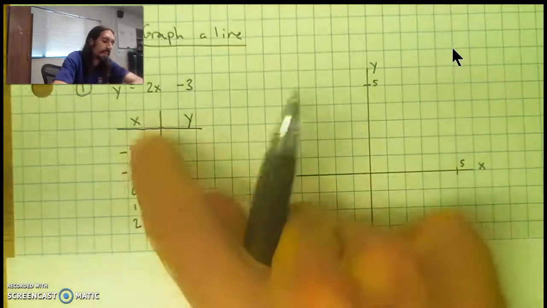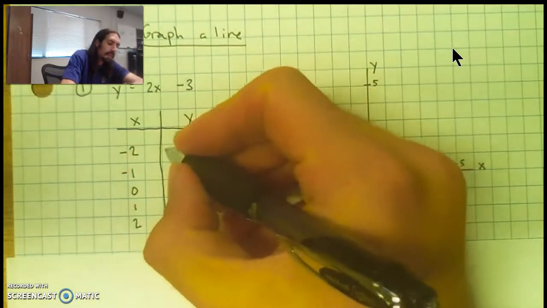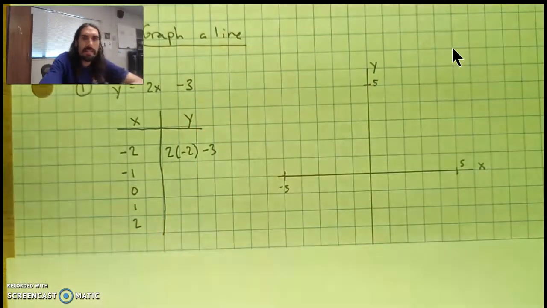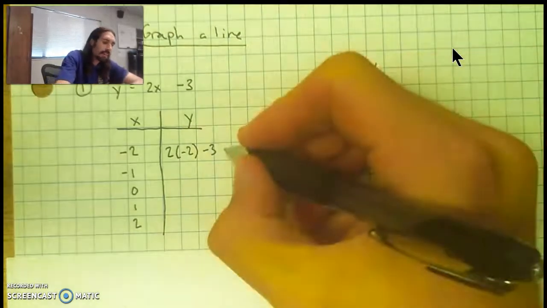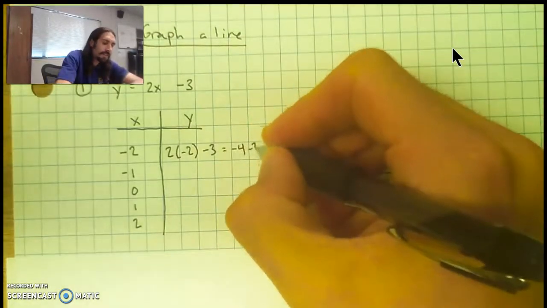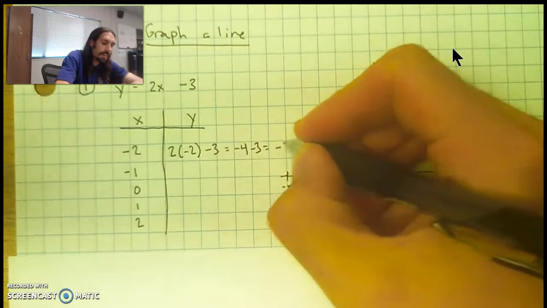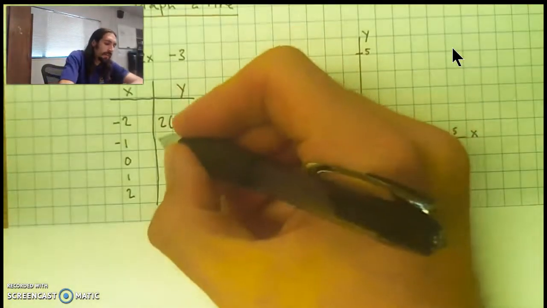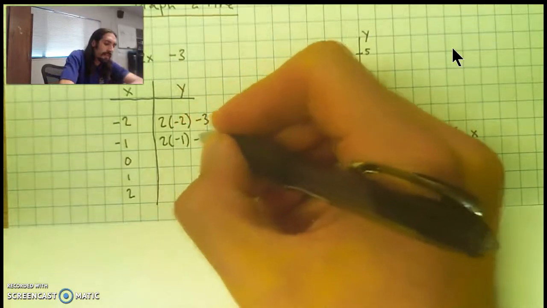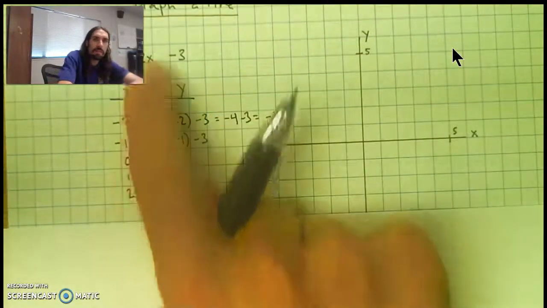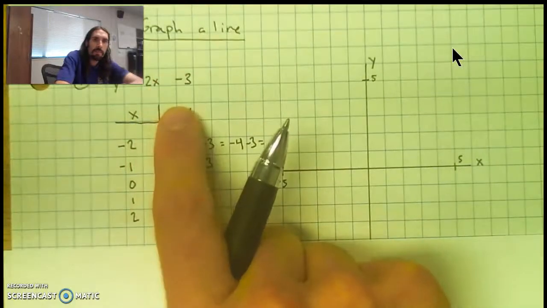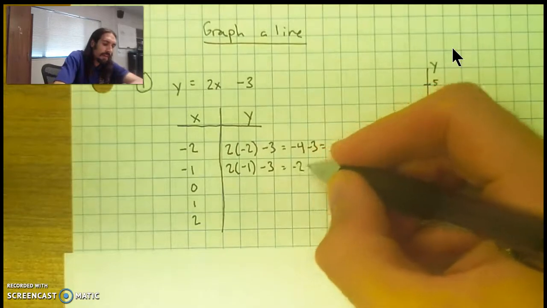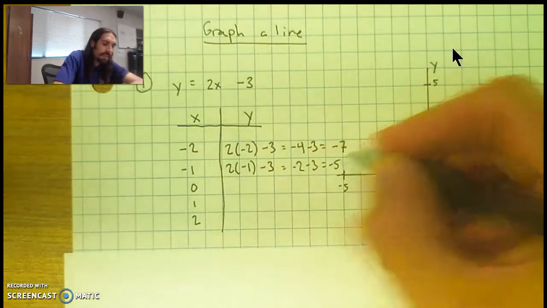And so if I were to take negative 2 and plug it in, I would have 2 times negative 2 minus 3. And so if you multiply that together, you're going to get negative 4 minus 3 equals negative 7. Okay? I'm going to come over, plug in negative 1, 2 times negative 1 minus 3. Again, I'm just taking negative 1, plugging it into my equation up above. And so if I do that, I've got negative 2 take away 3, which is negative 5.